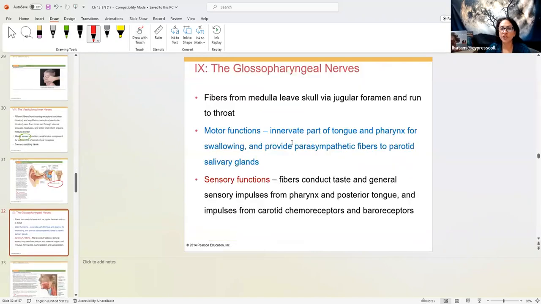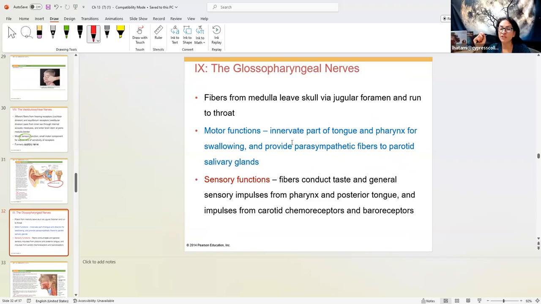Next is the glossopharyngeal nerve, or cranial nerve number 9, which comes from the medulla oblongata, and then it's going to exit the skull through the jugular foramen. We can define 3 Ys for the glossopharyngeal nerve, 1 Y for motor function, another one for sensory function, and another one for parasympathetic fibers.